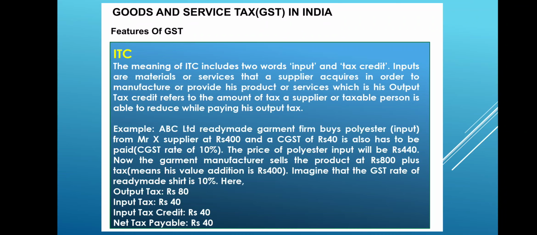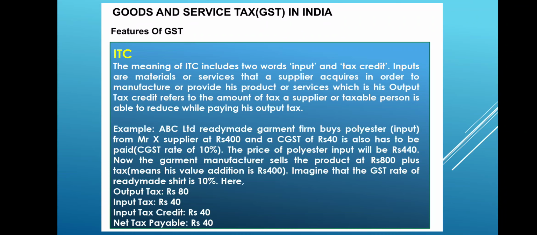Now, here output tax is that tax which is paid at the time of output or at the time of sale, and input tax is that tax which he has already paid at the time of purchase of the raw material. So when he purchases the polyester from Mr. X, he had paid rupees 40. So this is input tax, rupees 40, and output tax means which he pays at the time of output or at the time of sale.